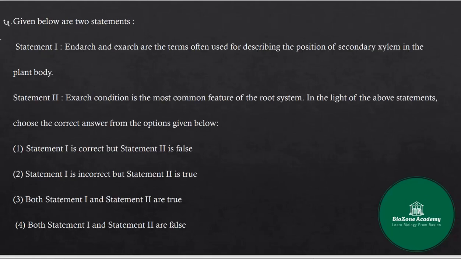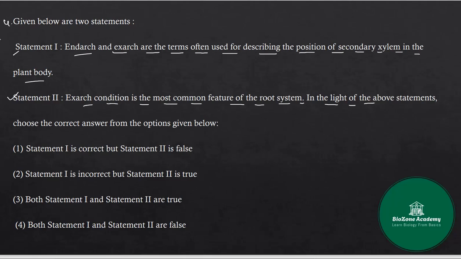Next, given below are two statements. Statement 1: Endarch and exarch are the terms often used for describing the position of primary xylem in the plant body. Statement 2: Exarch condition is the most common feature of the root system.